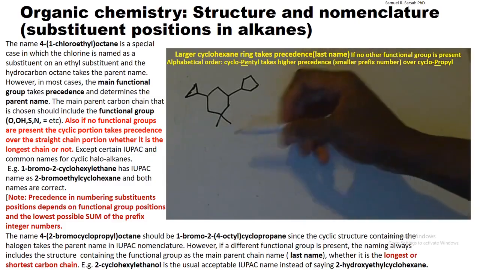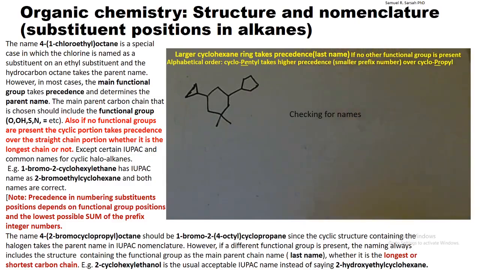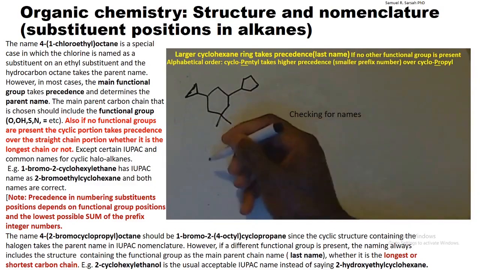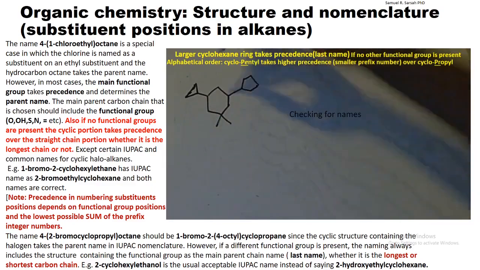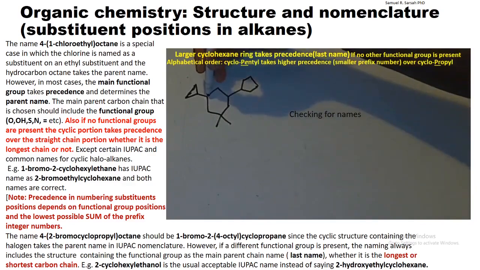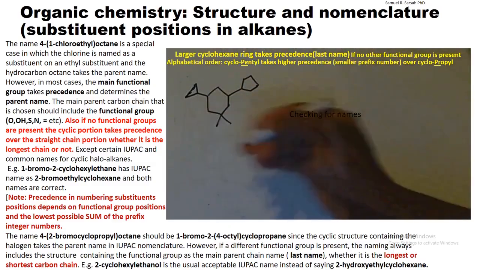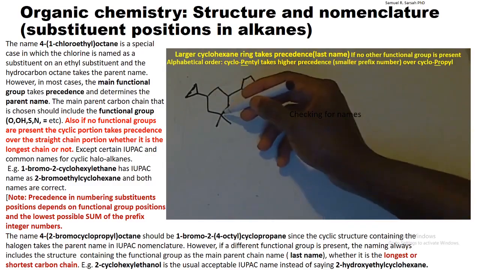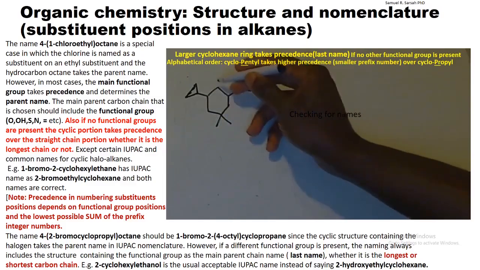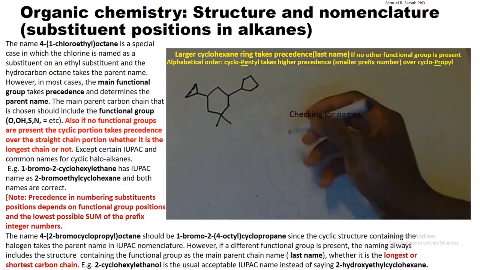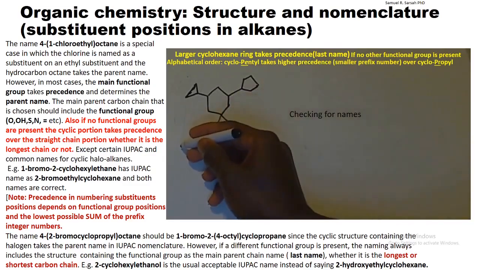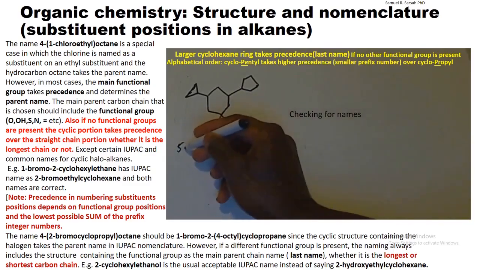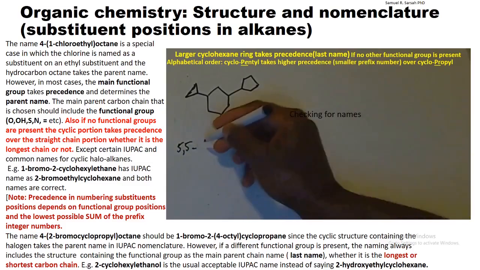So M comes before P. So I'm going to start with this. If you start with this carbon number 1, 2, 3, 4, 5, 6. Then this will be carbon number 1, 2, 3, 4, 5. So we have 5. So we have 2 of them.